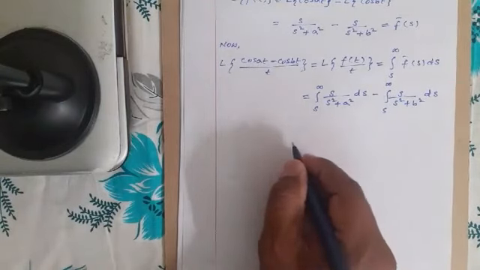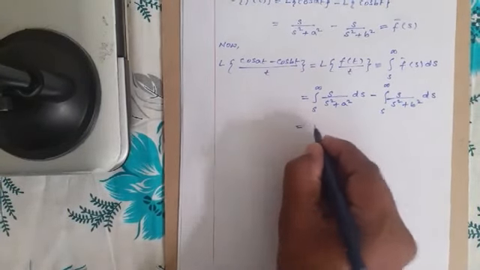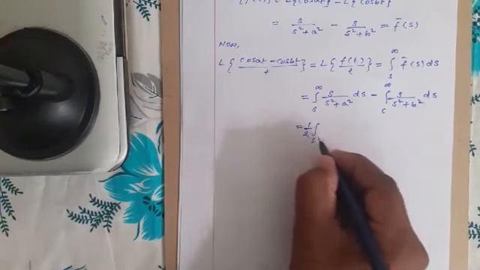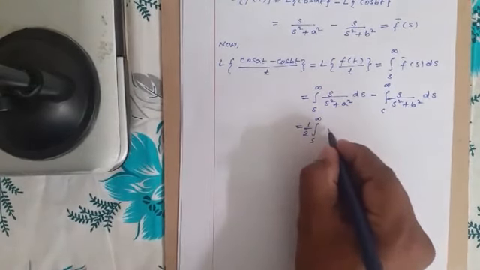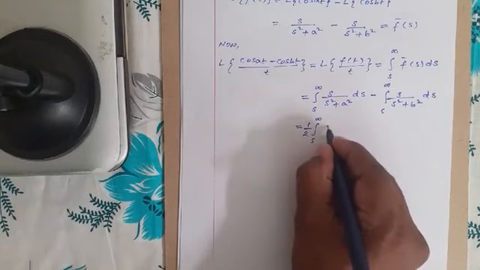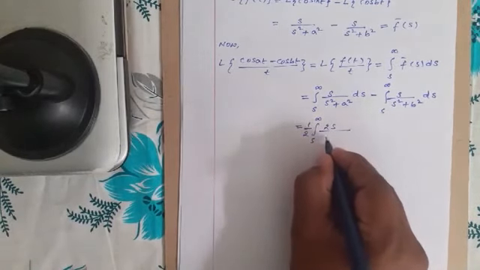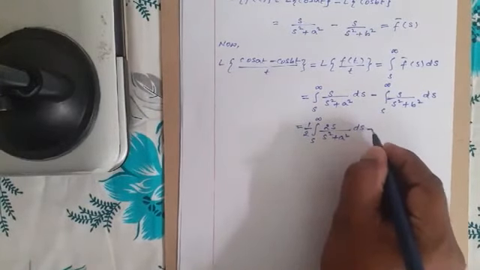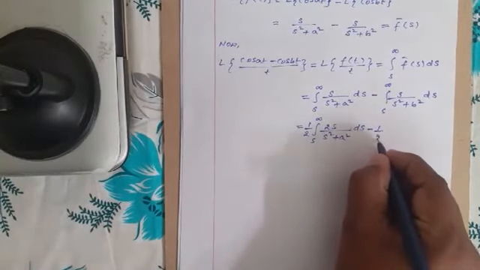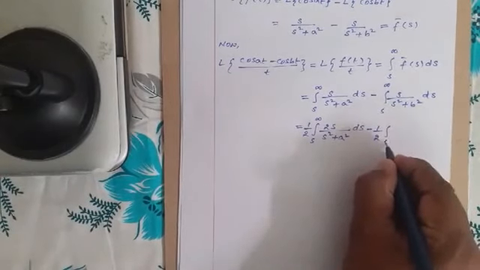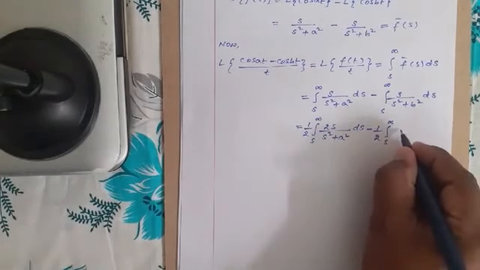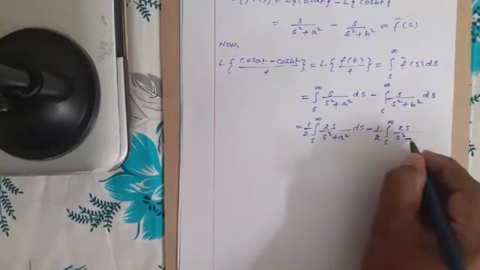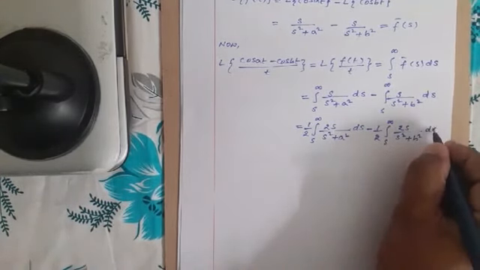Here we can apply the formula, but we have to multiply and divide by 2 first. So for this first part, this becomes 1 by 2 into 2s upon s square plus a square ds, minus in the same way, multiplying and dividing the second part, 1 by 2 into 2s upon s square plus b square ds.